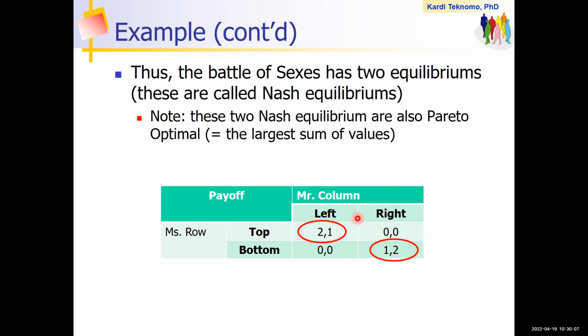So the battle of the sexes has two equilibria. And these two Nash equilibria are also Pareto optimal. Okay, up to here, is there any question? Is it clear? Can you calculate the Nash equilibrium or not?